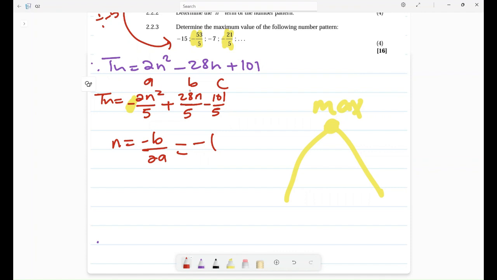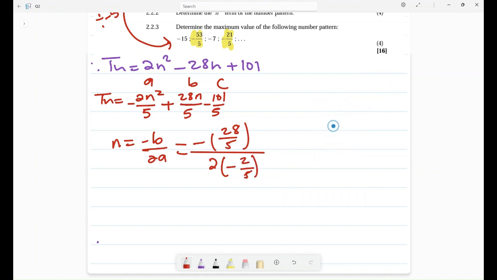So if that's a, b, and c, what is b? b is 28 divided by 5, all divided by 2 times a. What is a? a is negative 2 divided by 5. When I solve this mathematically, I get that the value of n is 7.